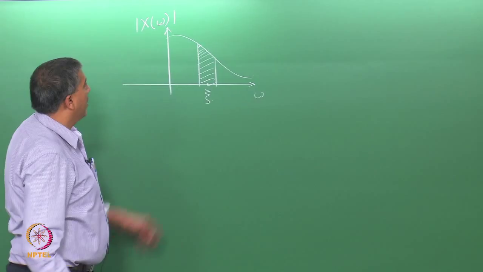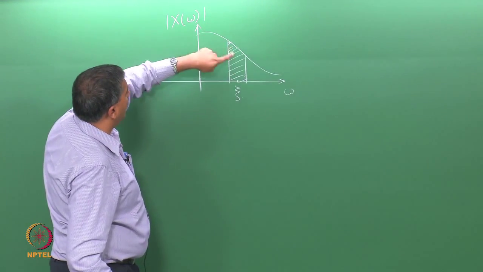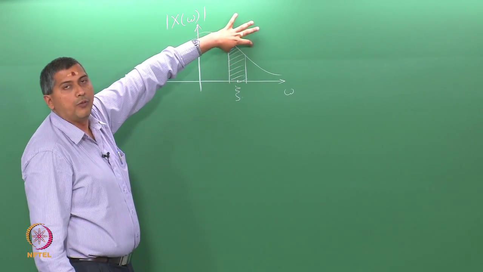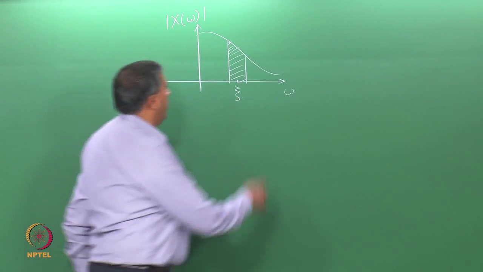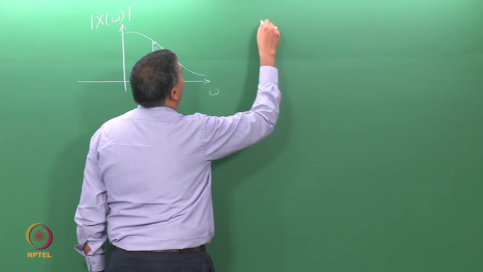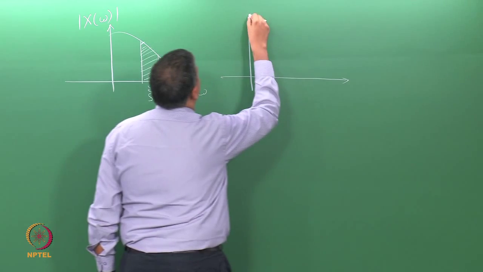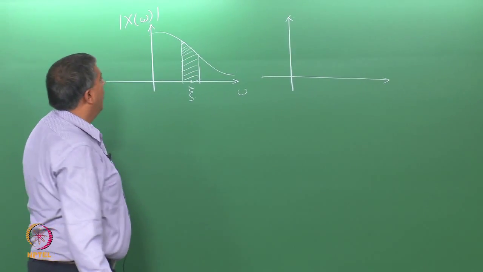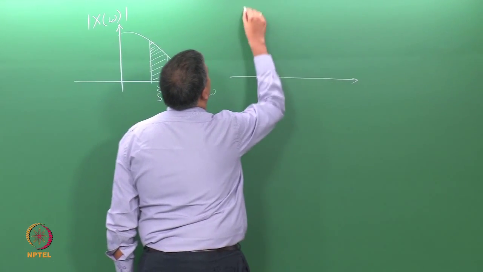Ideally I would like to get exactly x of omega around the center frequency as is, whatever is the magnitude of the Fourier transform of the original signal in this neighborhood of z. Unfortunately, this result tells me that I am not going to exactly get that, it is going to be multiplied with a window which will look like this if it is centered around z.